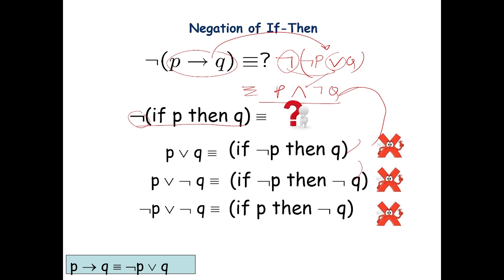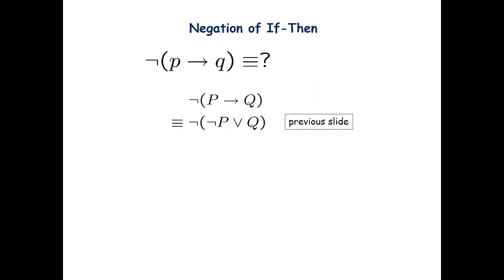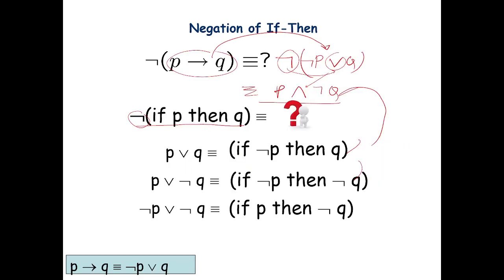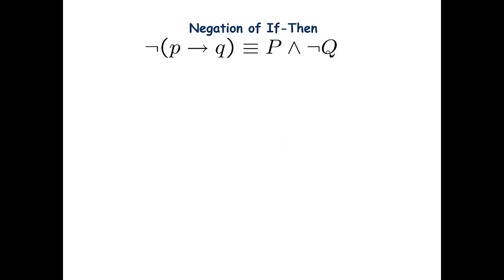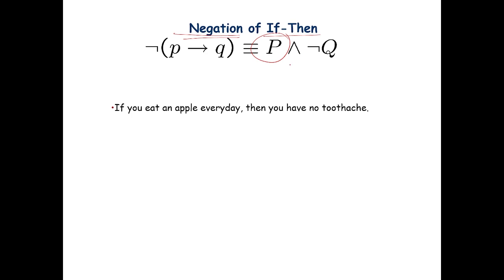Obviously, this is not the correct answer. By De Morgan, they have also found P and not Q. So the negation of the if-then implication is P and not Q.